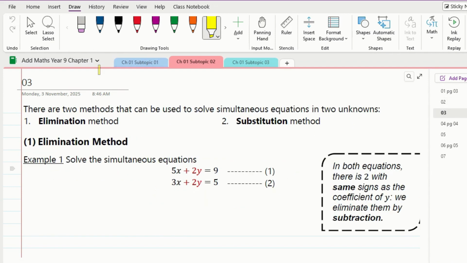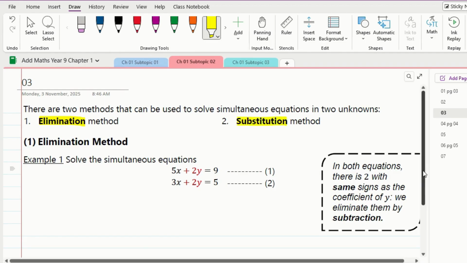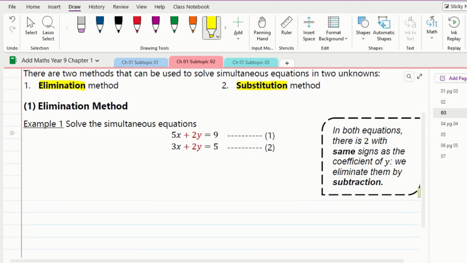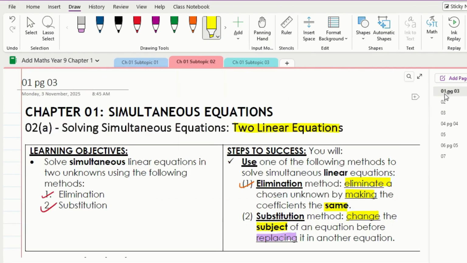There are two methods that can be used to solve simultaneous equations. They are called the elimination method, and the second one, the substitution method. Now let's have a look at the elimination method first. As you have seen in the steps to success, the elimination method involves eliminating an unknown by making the coefficients the same.